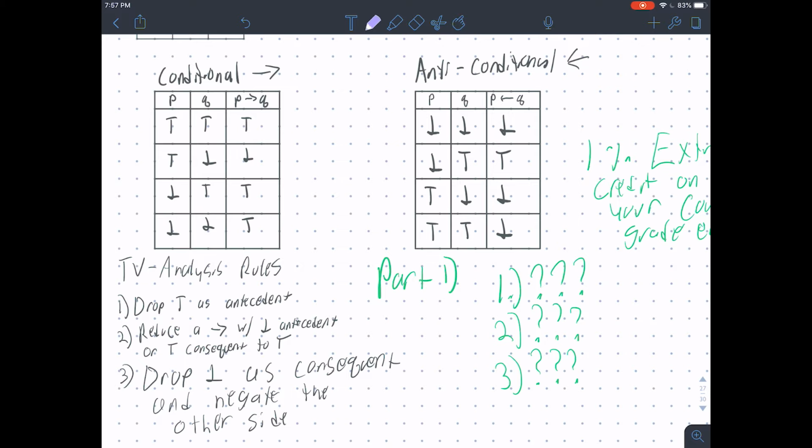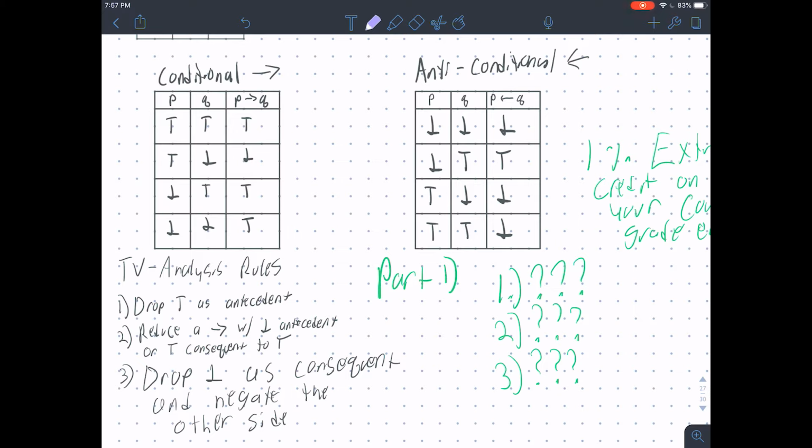And so we have truth value analysis rules for our conditional that should make some sense if you look at the truth table. The first one is: drop true as the antecedent of a conditional. The second one is: reduce a conditional with a false antecedent or a true consequent to true. The third one is: drop false as consequent of a conditional and reduce to the negation of the other side.